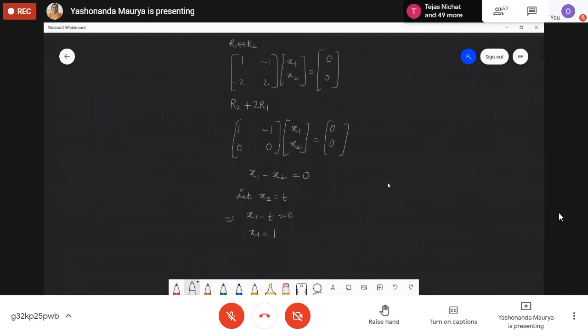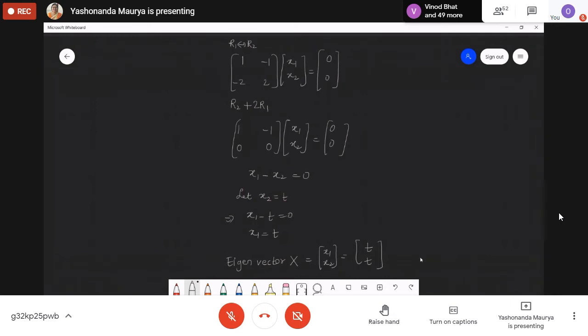Therefore, x1 will be equal to t. So finally, the eigenvector x, which is equal to x1, x2, will look like t and t.